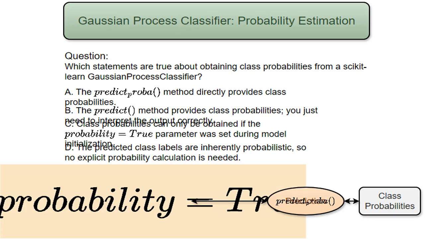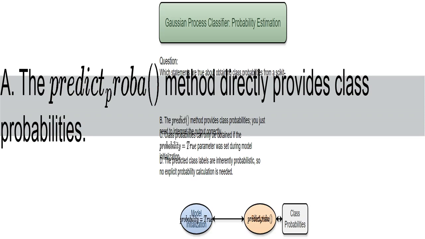This method is the key to getting the probability estimates. This is what you call after training to get the actual probabilities, but only if you flipped the probability switch as explained in point 7. Correct. The predict_proba method gives you the class probabilities directly, but only if you've set probability true as described above.